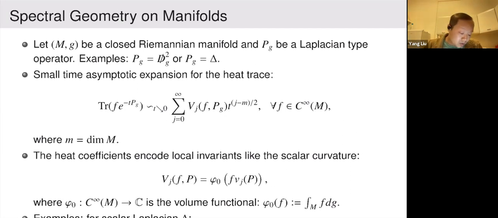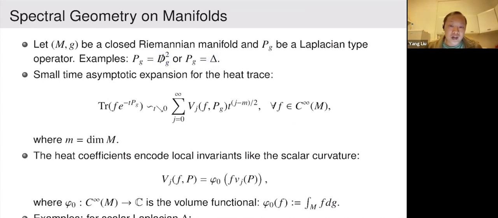Let's start with a nice manifold. M, g is a closed Riemannian manifold, and one should think of replacing the role of the metric tensor by a geometric operator. You can use, for example, the Laplacian operator or a squared Dirac operator, which plays the role of the metric.